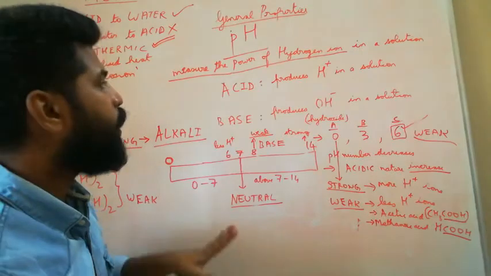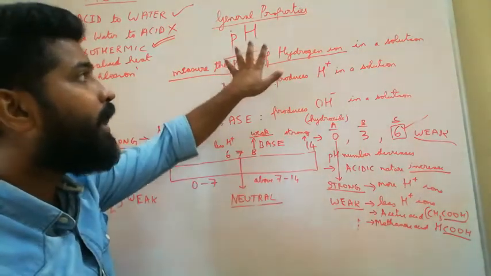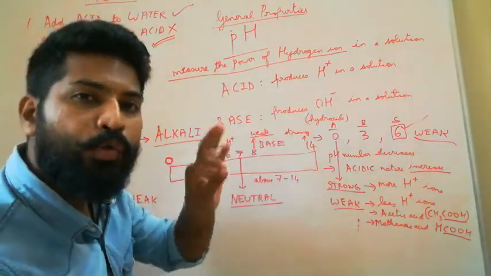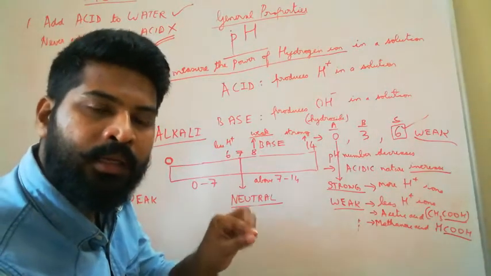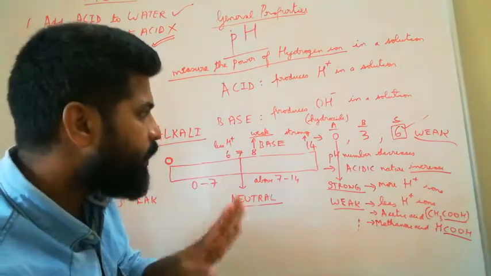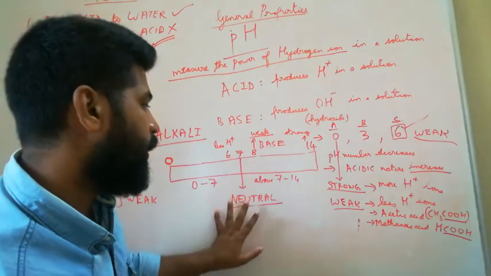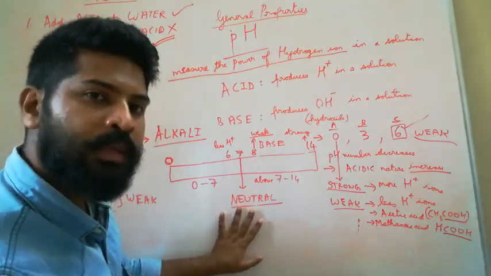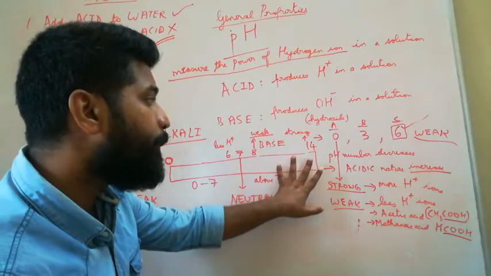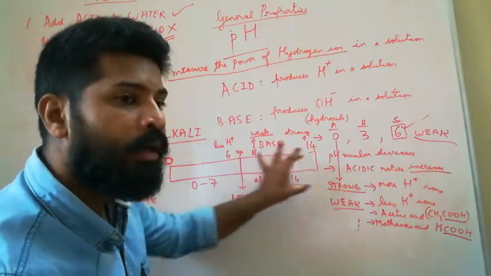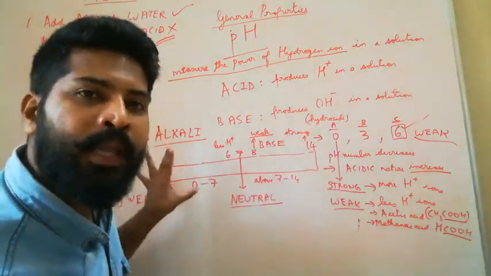That is the concept of pH, a universal indicator which tells you whether a given substance is acid, neutral, or base, going by the value on the pH paper.